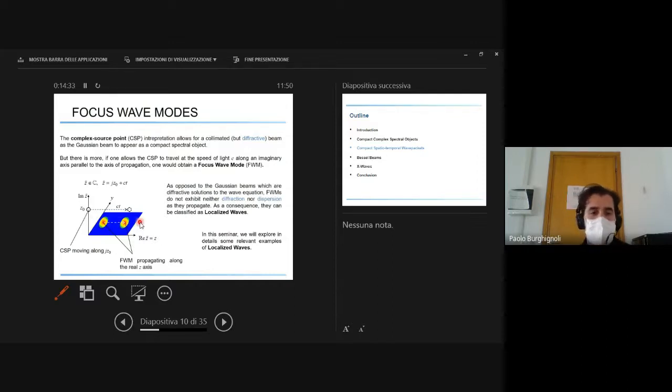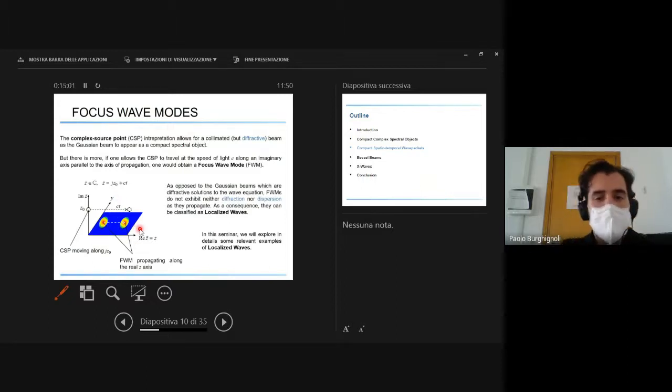Basically, we have obtained with this particular source, which is traveling over a line parallel to the real z-axis but located over the imaginary z-axis, a pulse that does not suffer either diffraction or dispersive spreading because it travels along the real z-axis while maintaining its shape, which is narrow along both the y and the z-axis.